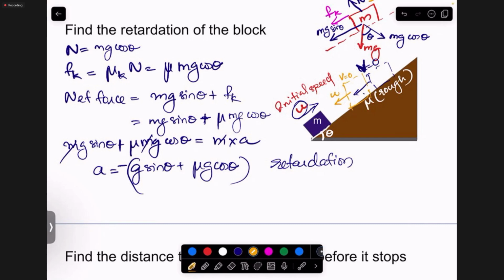But along with that, what will also happen? Since the movement is downwards, friction will now oppose this motion. So friction will start acting upwards. This direction, friction will start acting. So now g sine theta is trying to accelerate and mu g cos theta is trying to decelerate.